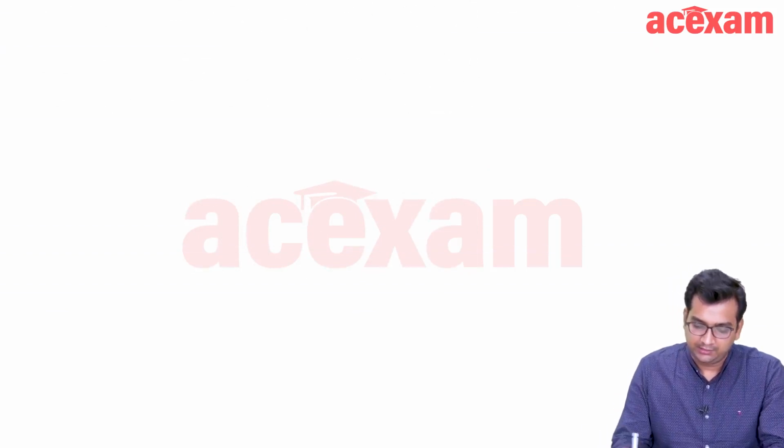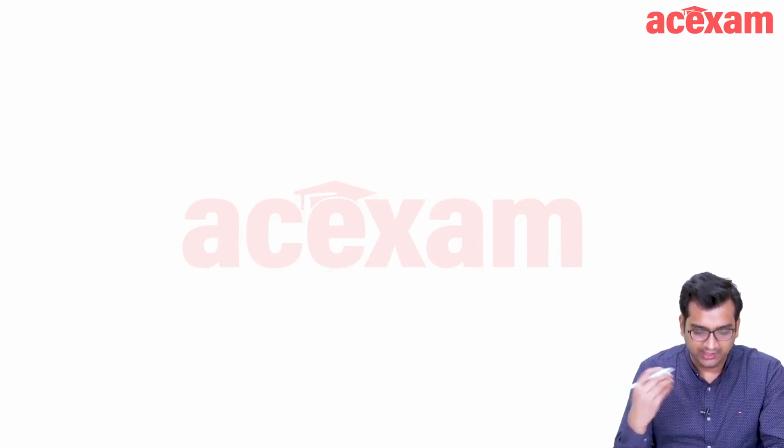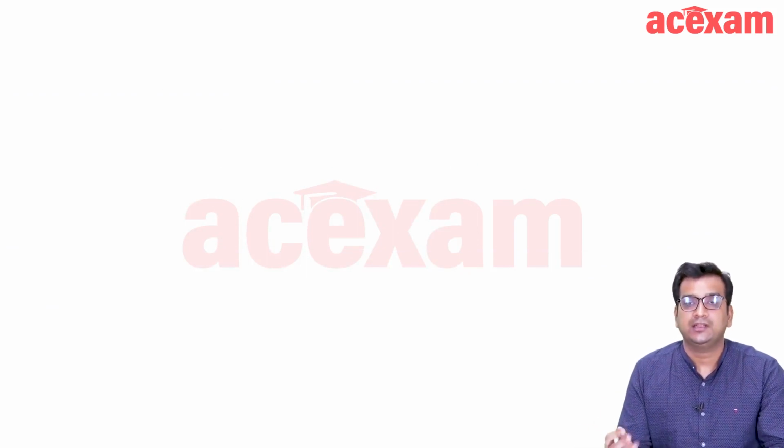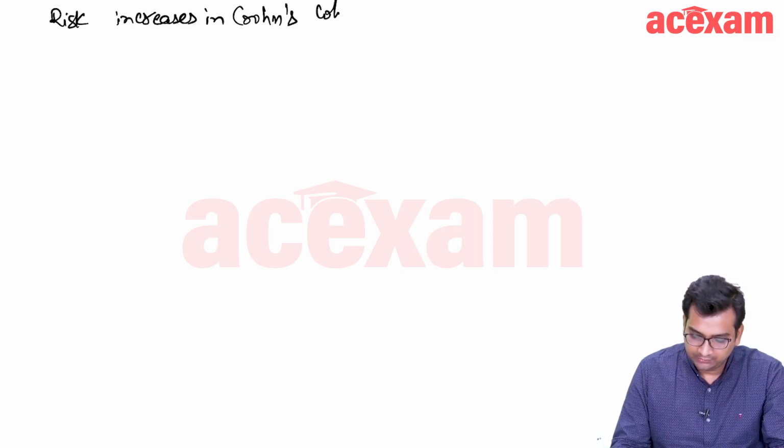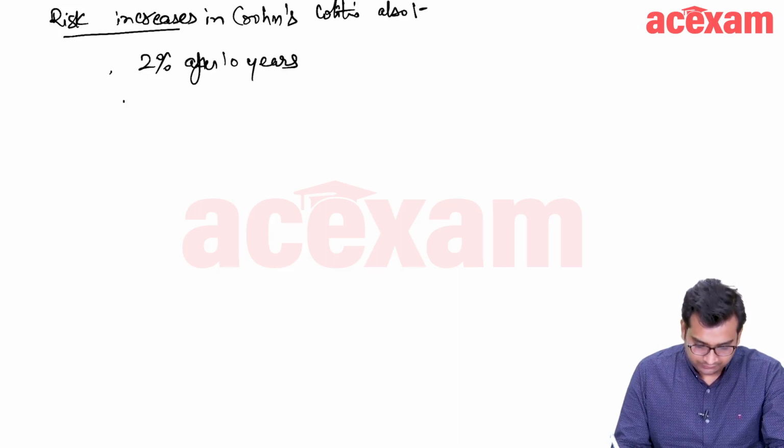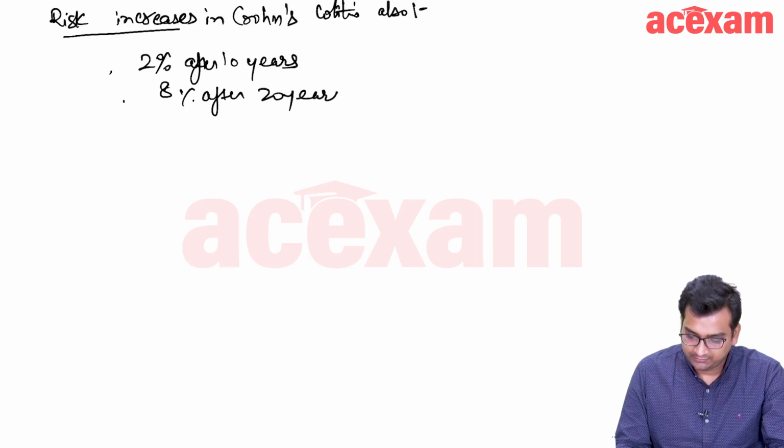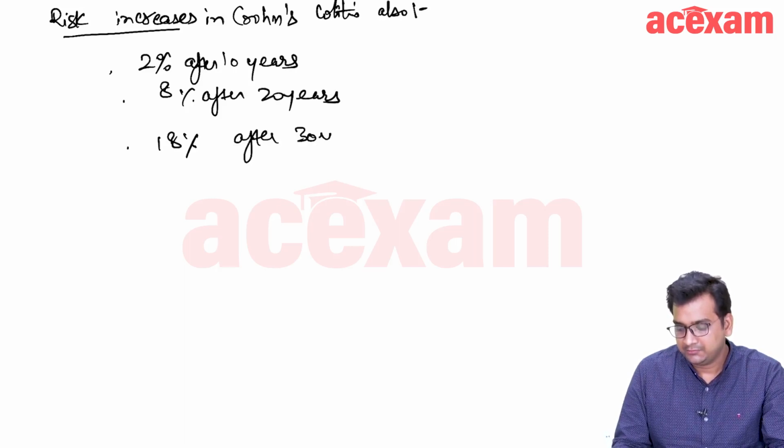So this is to remember. Now, in Crohn's disease also, the risk increases in Crohn's colitis with duration. And what are the percentages? 2% after 10 years, 8% after 20 years, 18% after 30 years.